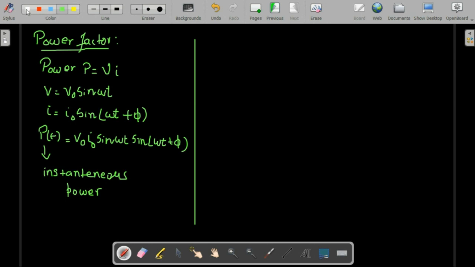We have discussed this before, that if you want to take the average over time for any quantity, you can simply use the relation P average is equal to integration for the entire time cycle, P dt divided by 0 to T dt. So this way you can find out my average power.